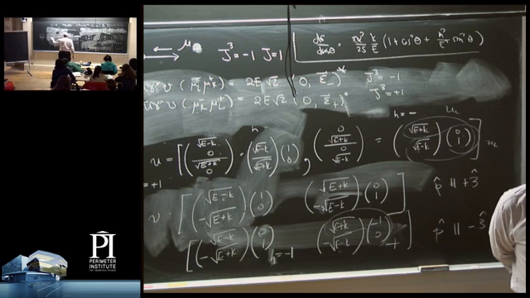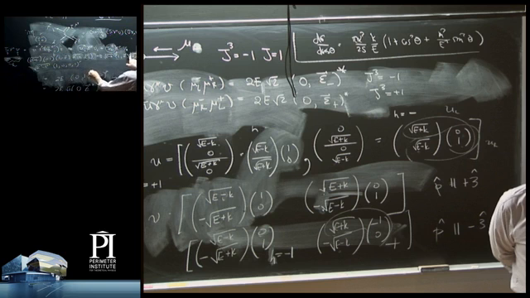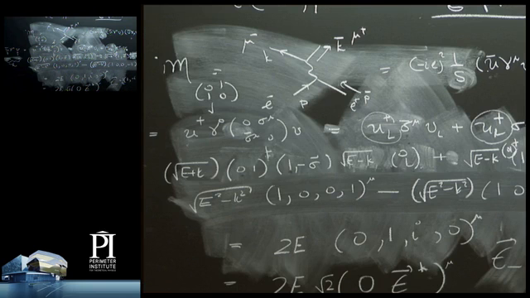The matrix elements are (1, 0, 0, 1) and minus the square root of E squared minus K squared, (1, 0, 0, minus 1). Okay, very good.